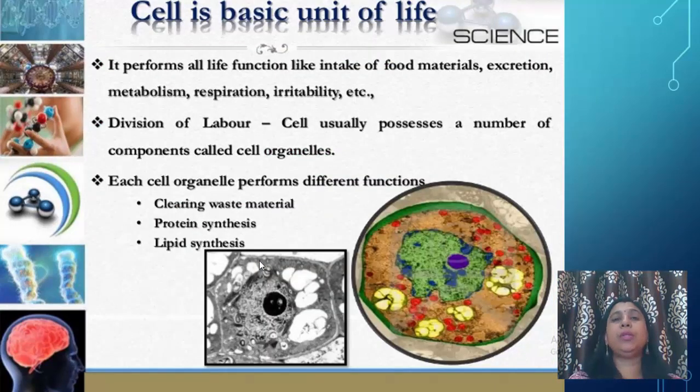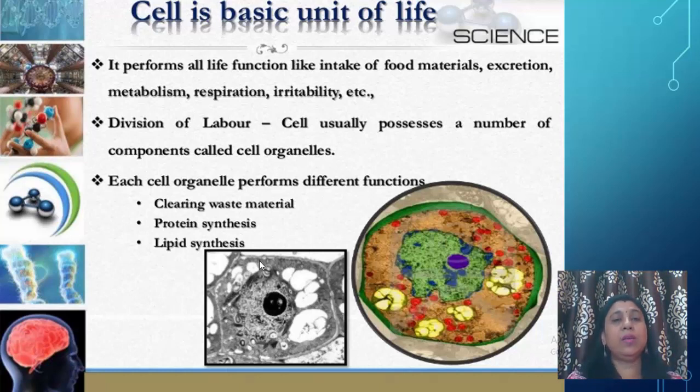Now, cell is the basic unit of life. It performs all life functions like intake of food materials, that is nutrition, excretion, metabolism, respiration, etc. Now, multicellular organisms, to be more precise, are made up of many cells.